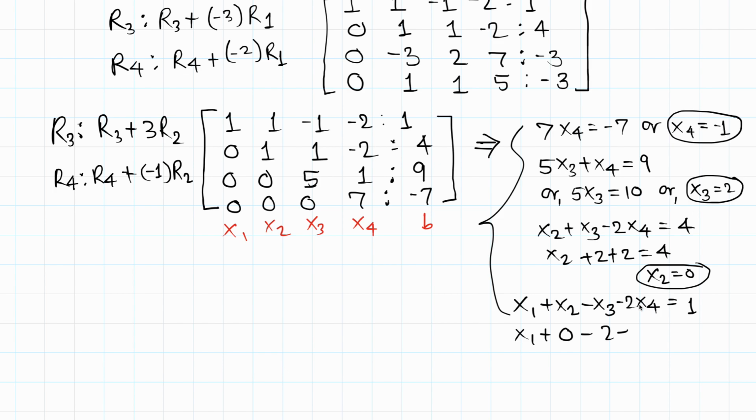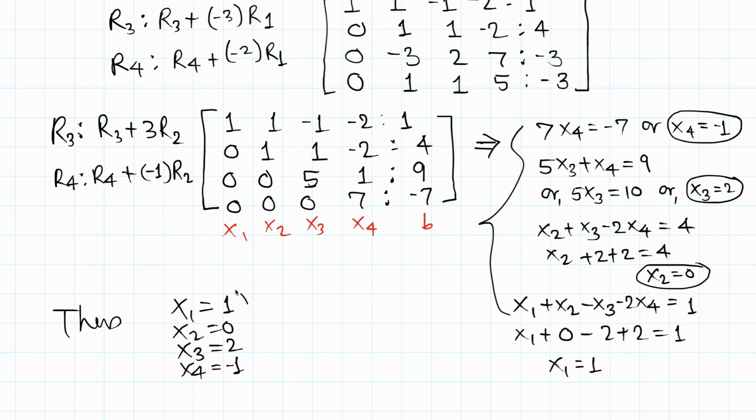Negative 2 times negative 1, positive 2, equals 1. So x1 minus 2 plus 2 is x1, equals 1. So x1 equals 1. Thus we got x1 equals 1, x2 equals 0, x3 equals 2, and x4 is negative 1. Final answer: 1, 0, 2, negative 1.